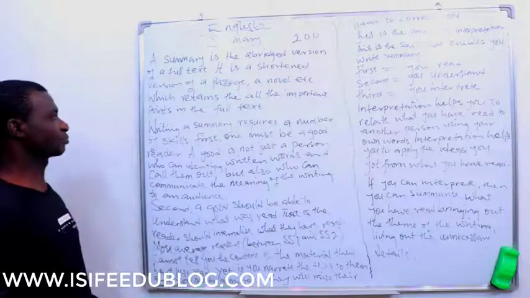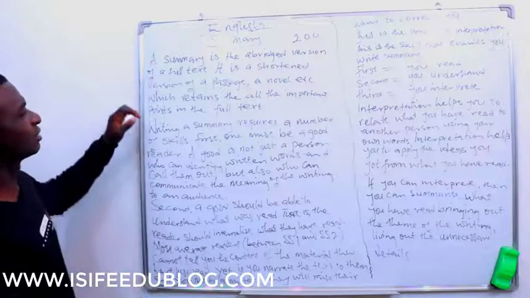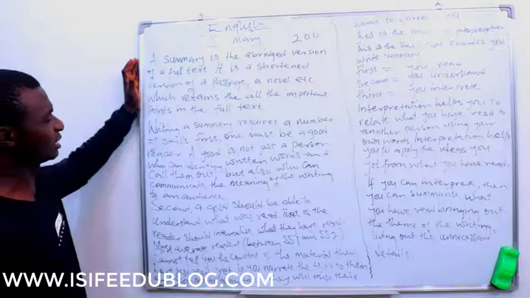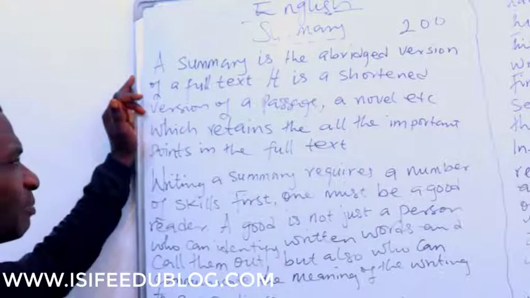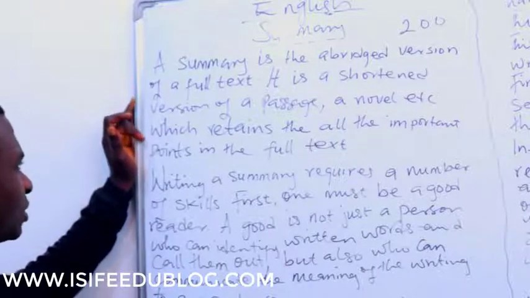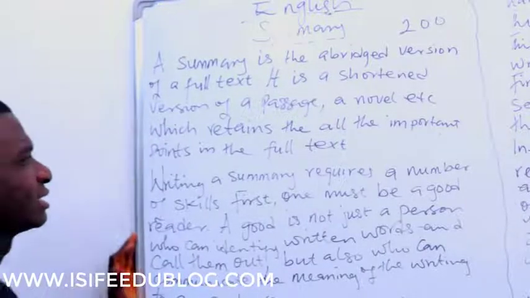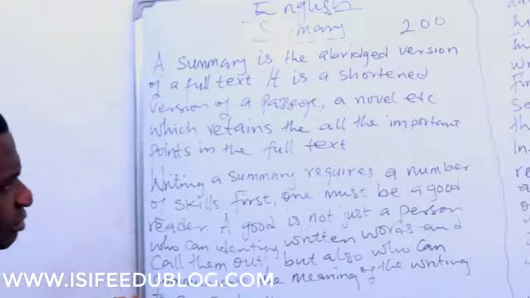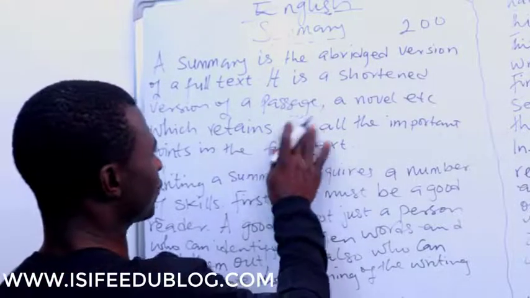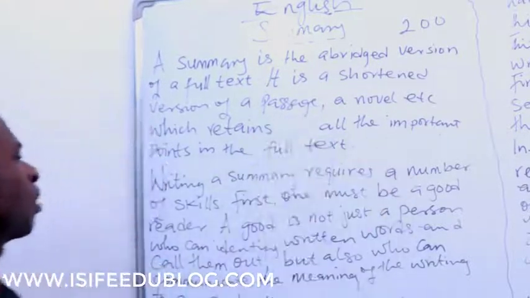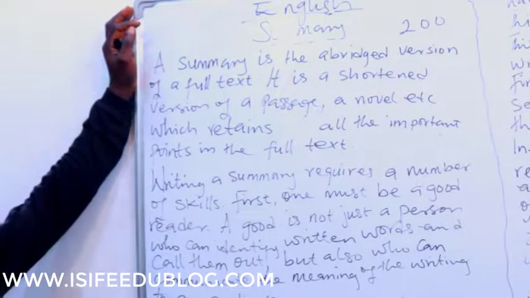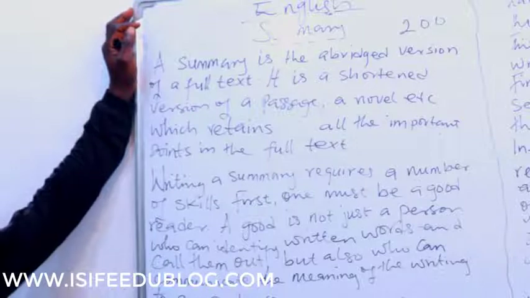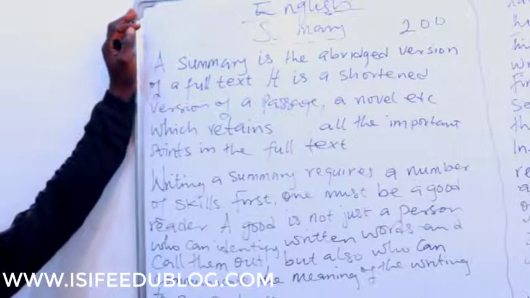Now, that's what the second sentence tries to say. It is a shortened version of a passage, a novel, etc., which retains all the important points in the full text.